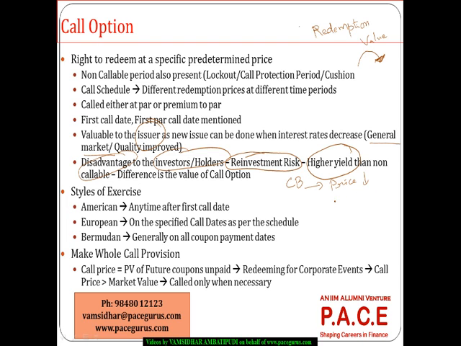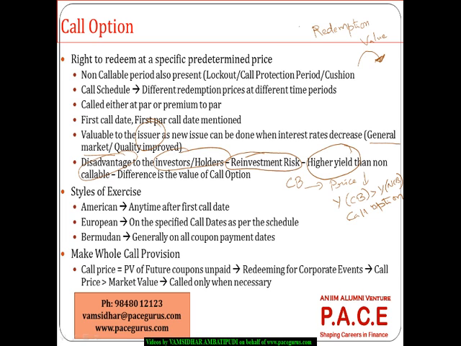So that is where the yield of a callable bond is higher than the yield of the non-callable bond. And whatever is the difference between the prices and the yields of the two is what comes out as the premium associated with the call option.